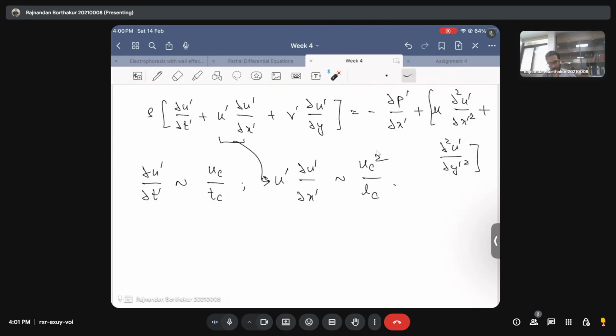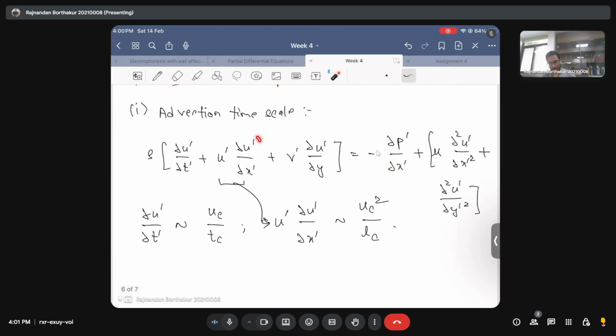See this term, I hope this is clear. How did I write this from this? Because I know that this term will scale as Uc by Lc, where Uc is the characteristic velocity. Let's say we know the characteristic velocity in this problem. And this term would basically scale as Uc, which means the entire term would scale as Uc squared by Lc. Okay.